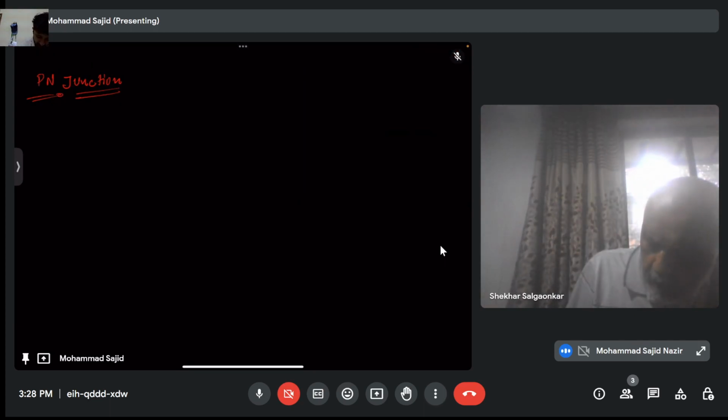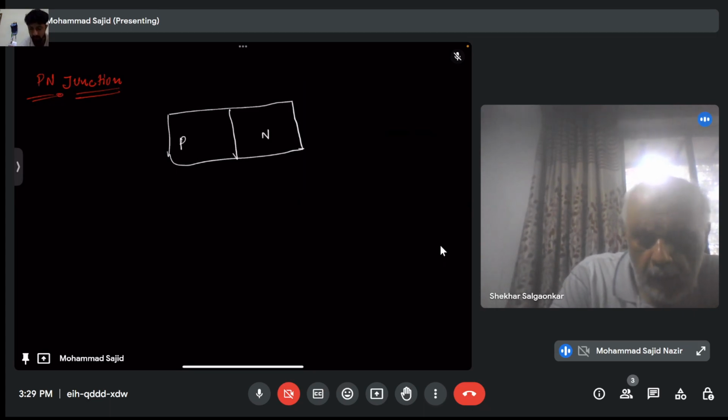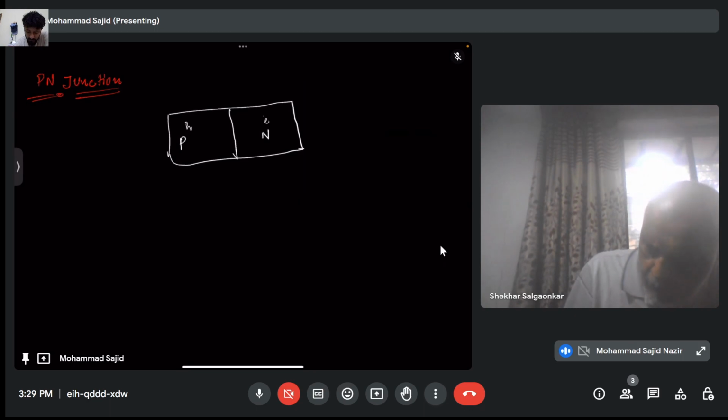From the definition, it is the junction of p and n. You have a material like this, and this is a junction, this is p, this is n. We just studied what p and n are. This contains holes in majority, this contains electrons in majority.